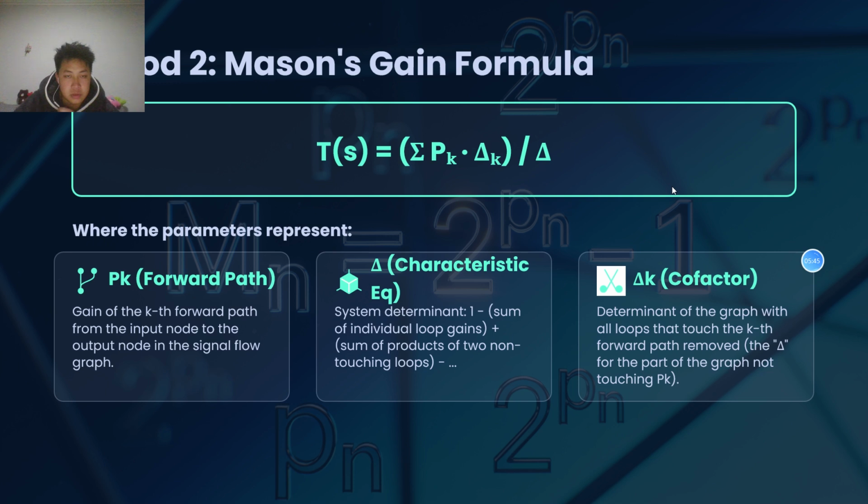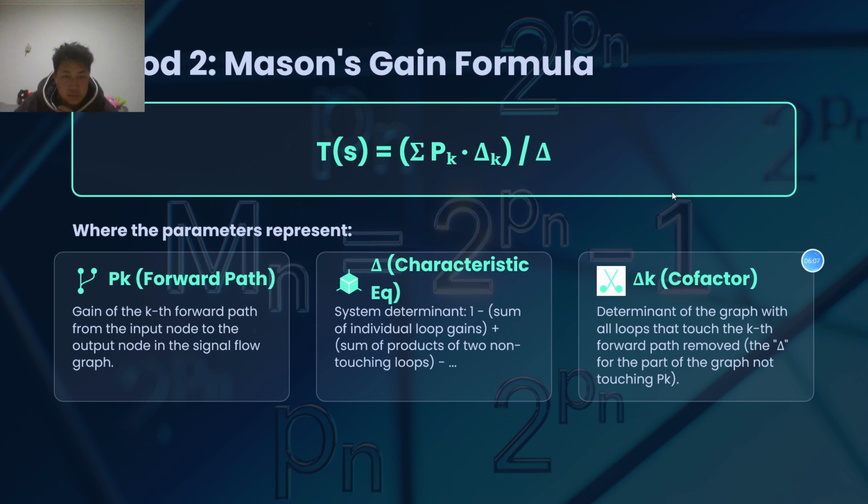Use this method. Method 2 is Mason's gain formula. You can see the function about T(s), where the parameters are these three.